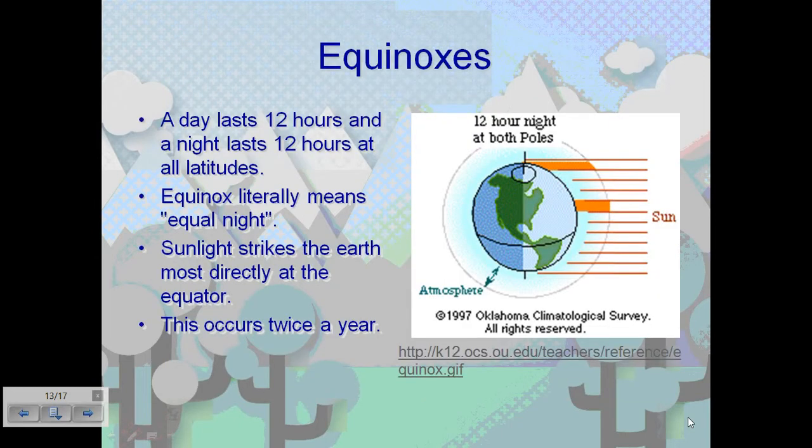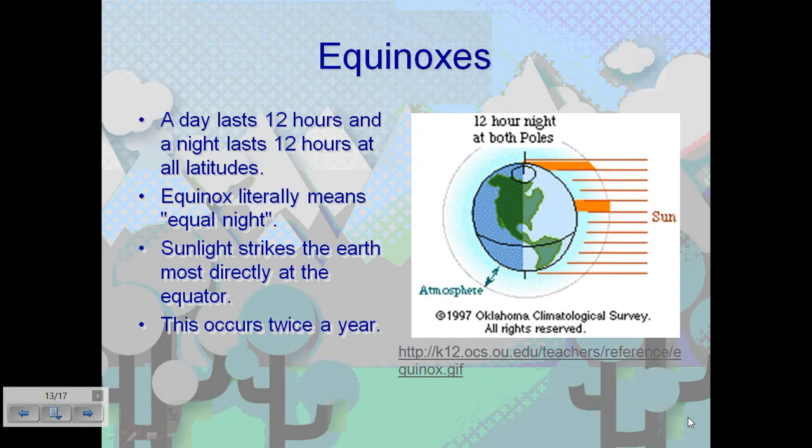Now, equinoxes, or equinox, which literally means equal night. In this case, a day lasts 12 hours and a night lasts 12 hours at all latitudes, which explains why it means equal night. During equinoxes, sunlight strikes the Earth most directly at the equator.